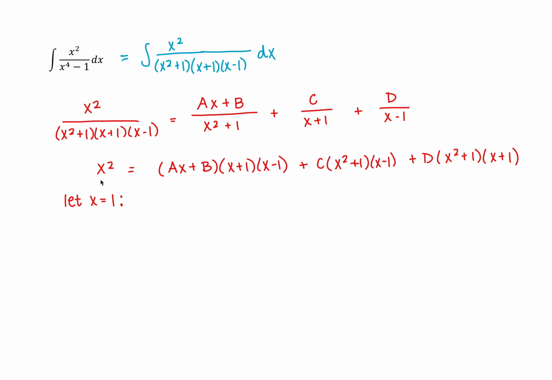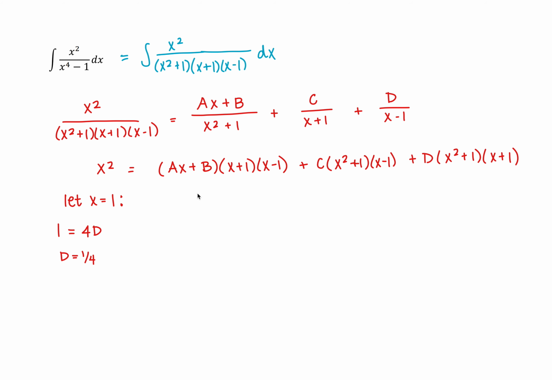So I'm just going to be looking at what's on the left-hand side of the equals and the part here with the d. So if x is 1, 1 squared is 1. And over here, 1 squared is 1. 1 plus 1 is 2. 1 plus 1 is another 2, so I get a total of 4d. So that tells me that d equals 1/4.